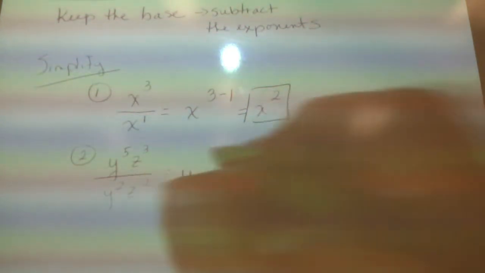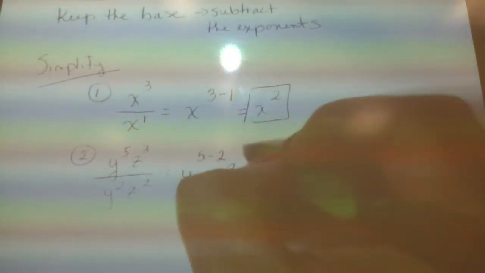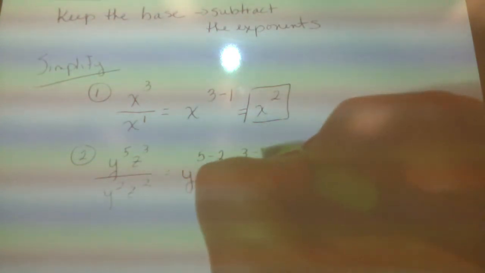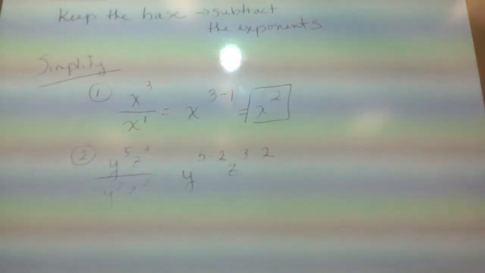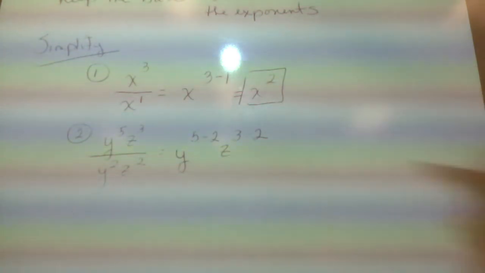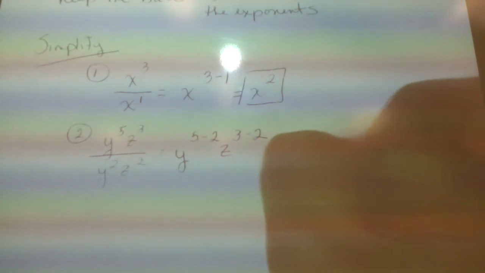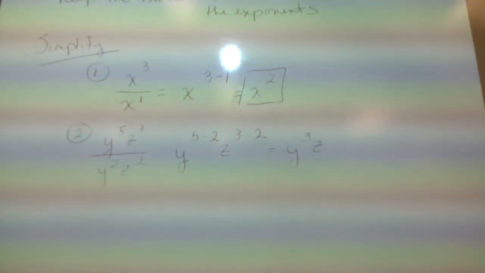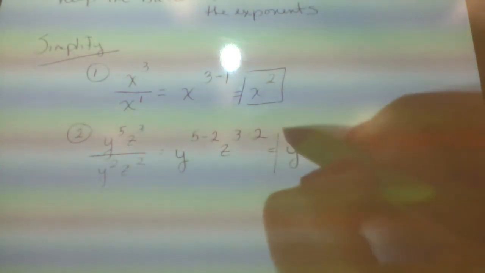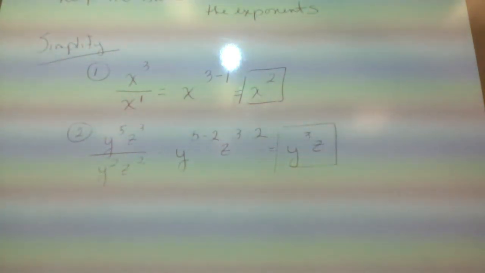I'm going to keep that base. I'm going to do 5 minus 2, and then z to the 3 minus 2. That's giving us y to the 3rd power, and then z to the 1st. I don't need to put that 1. If there's no exponent there, you assume that it's a 1. So it's y cubed z.